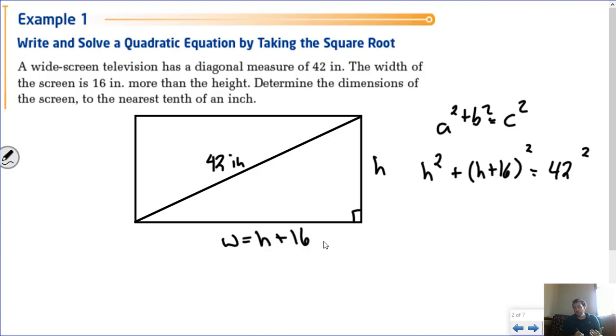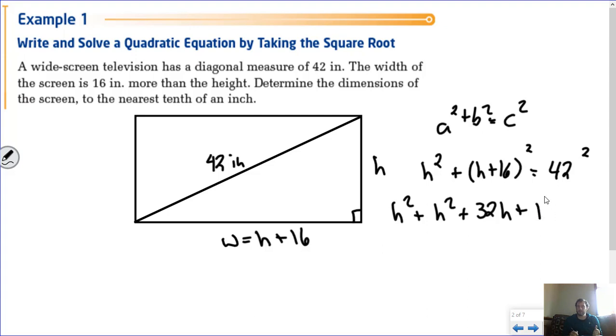So now, when I expand this thing, I'm going to have a quadratic equation. So let's say H squared plus, we would use FOIL in order to expand this thing, right? It's H plus 16 times H plus 16. So H squared plus 32H plus 16 squared would be 196.